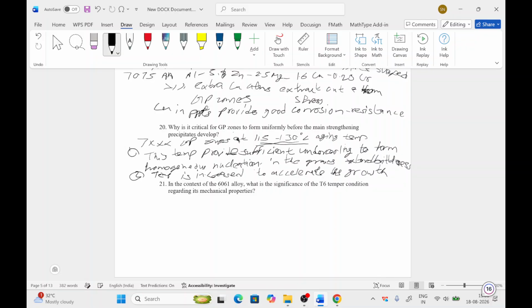But first, the uniform precipitation of the GP zones is done. Then, after the uniform homogeneous nucleation, these GP zones are further coarsened to form the final equilibrium precipitates. So first the GP zones are formed at low temperature, then coarsened at high temperature.